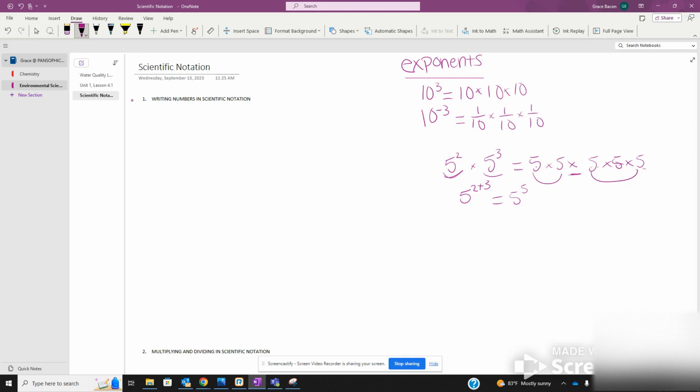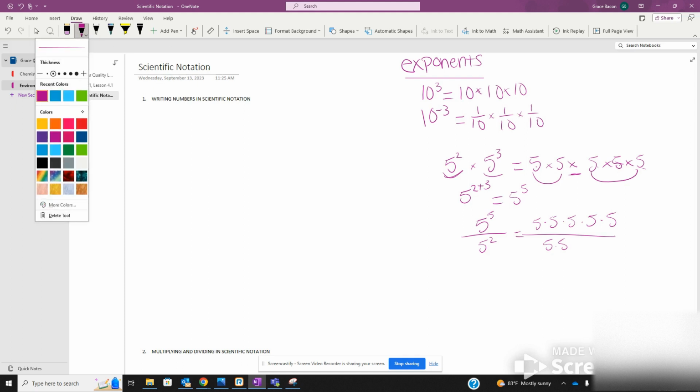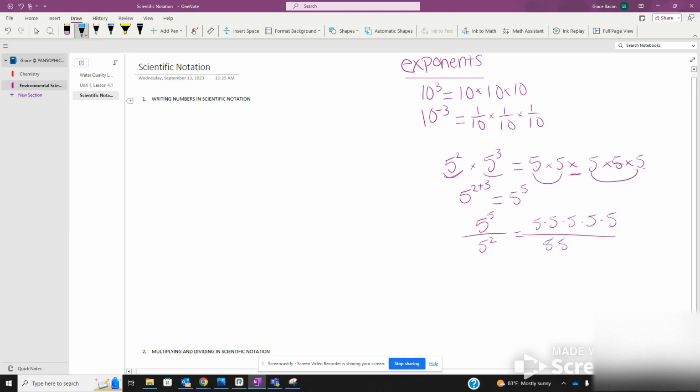If I was to do division, if I had 5 to the 5th over 5 to the 2nd, then I would have 5 times 5 times 5 times 5 times 5 on top, and 5 times 5 on the bottom. And I know that then I can cancel out one here and another one here.